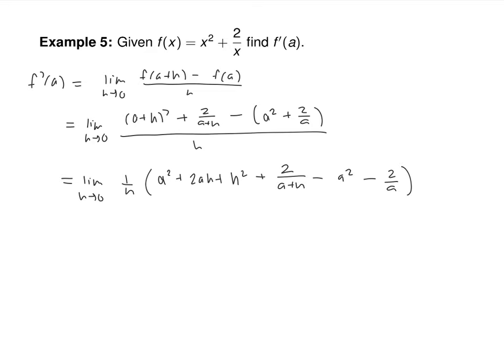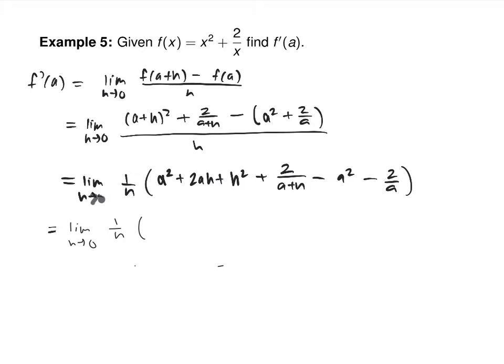What cancels? The a squareds. Okay, so we've got the limit as h goes to 0 of 1 over h times 2ah plus h squared plus 2 over a plus h minus 2 over a.